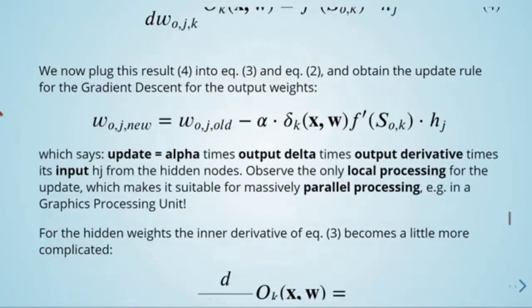So this update rule is telling us that the update is equal to alpha times output delta times output derivative times its input h_j from the hidden nodes.